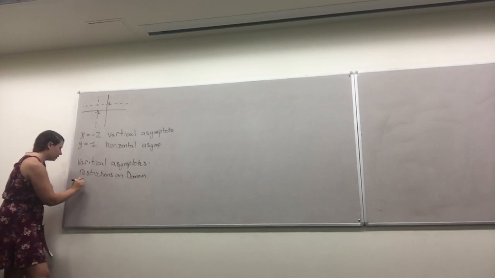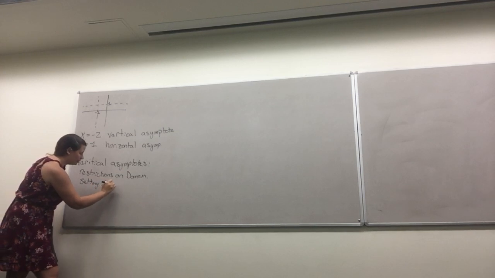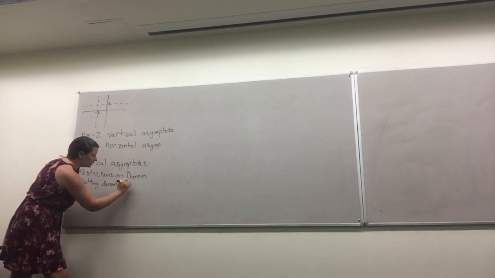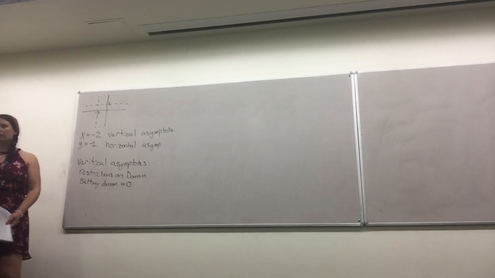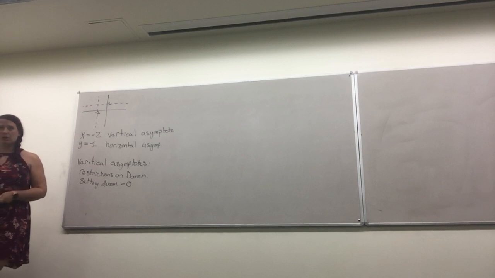So we're setting the denominator equal to 0 and solving for x, essentially. And that will give us our vertical asymptotes. Okay?